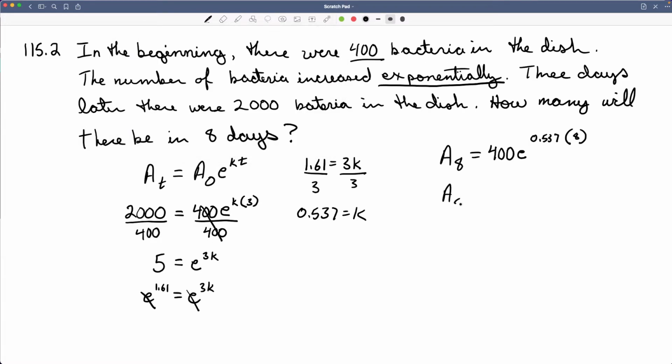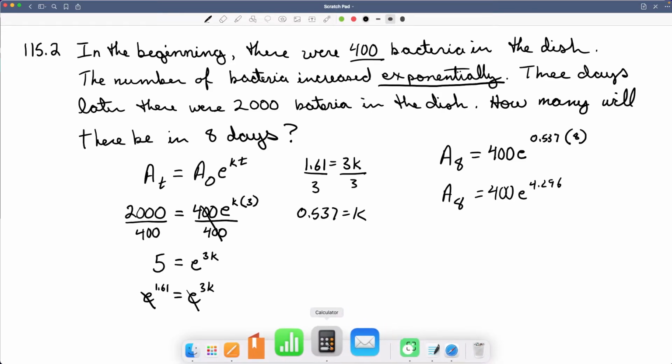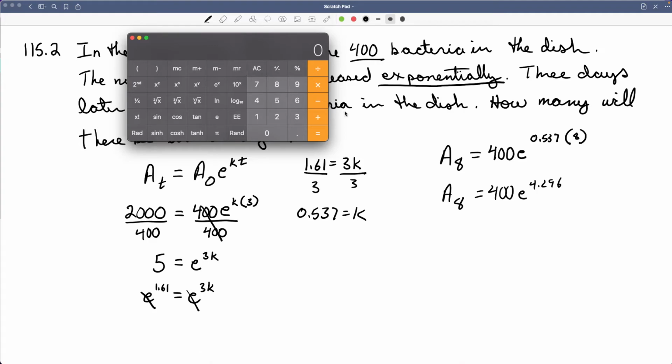So A of 8 is equal to 400, and the exponent is 4.296. So now I'm going to use the inverse of ln, which looks just like that. Now I'm going to find the inverse of this, and that's what this number is. That's the inverse operation.